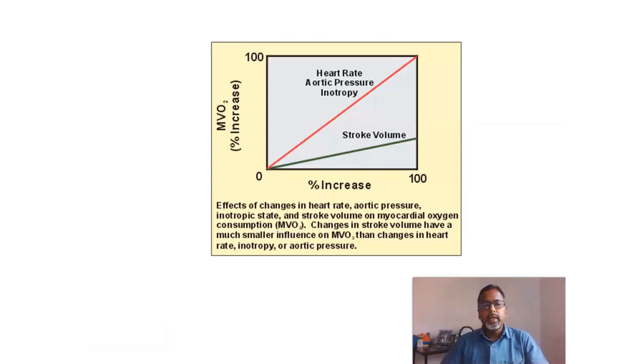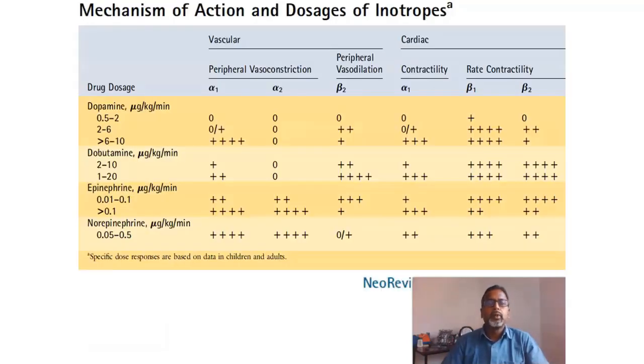If you look at the effect on the myocardial oxygen consumption, these three main common mechanisms by which we are increasing the stroke volume have a negative effect. That means not only are they increasing the stroke volume, they are correspondingly increasing the myocardial oxygen consumption. So that is a very, very important point to be noted.